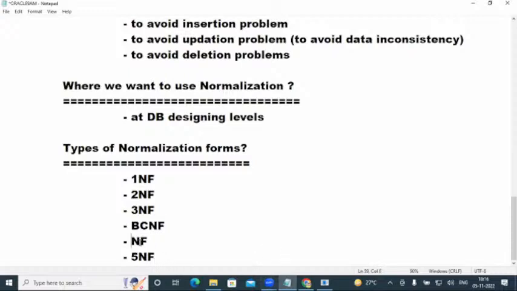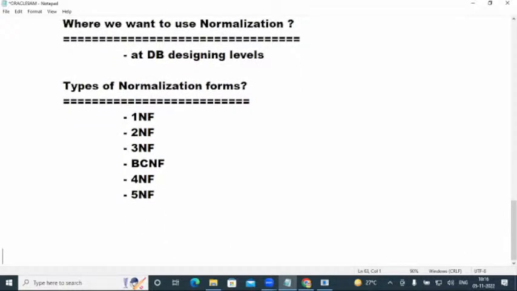So in total we have 5 techniques here: first normal form, second normal form, third normal form, BCNF, 4NF, 5NF.